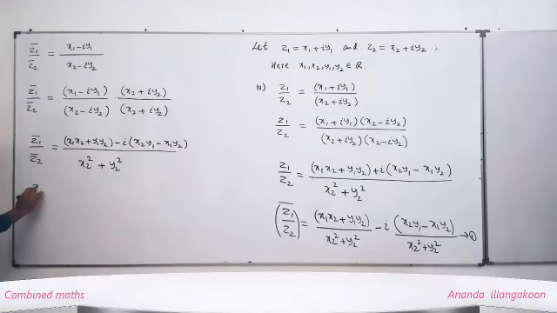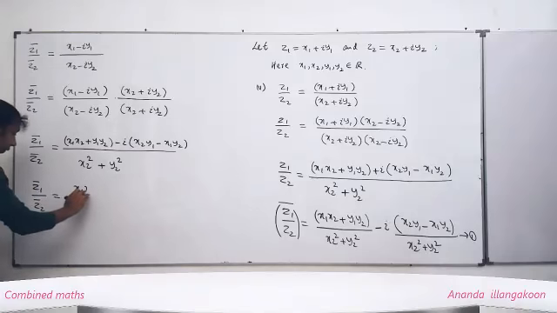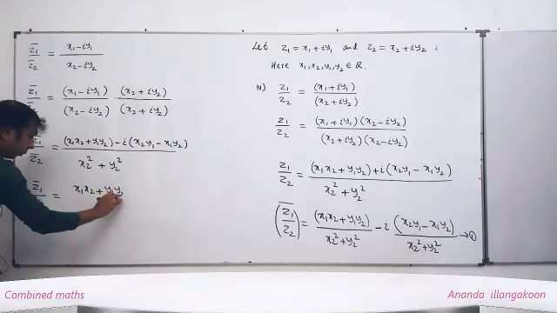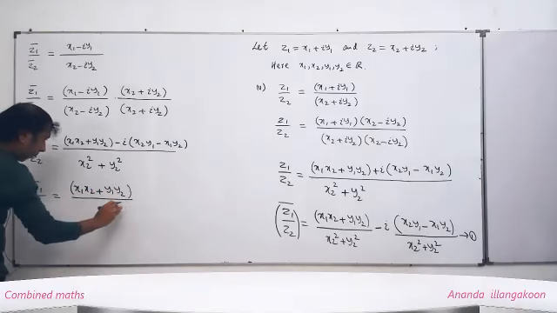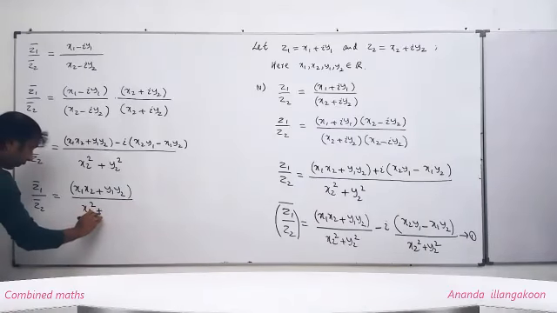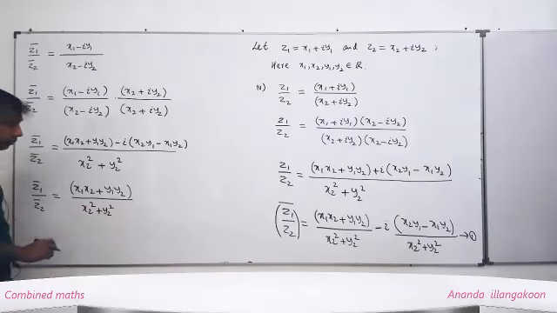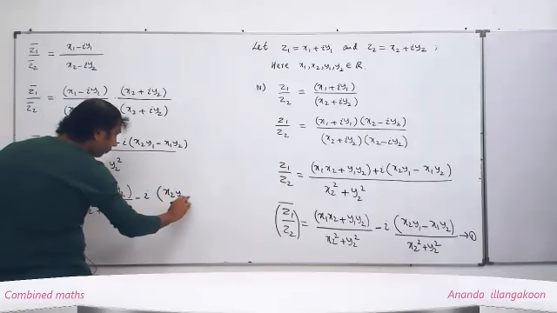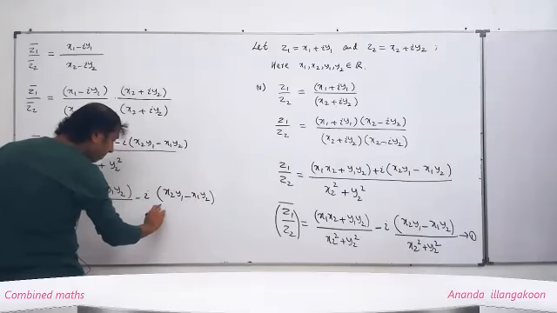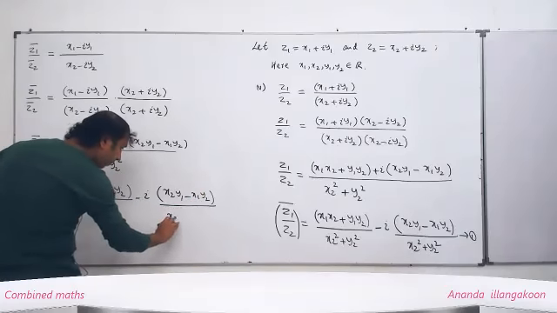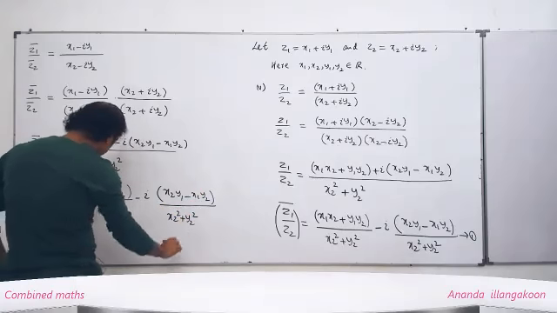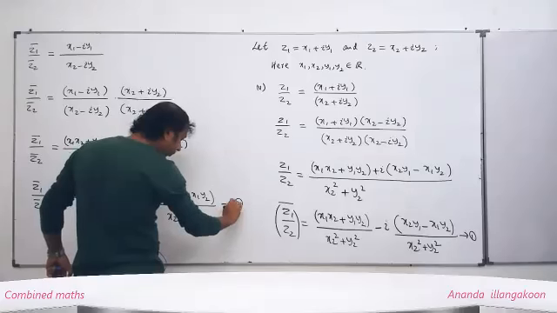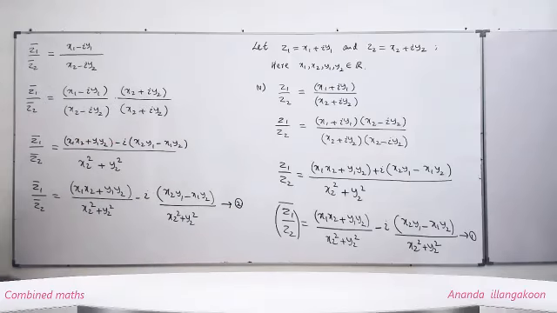Then you get here x1, x2 plus y1, y2. Minus i times this one we get, no? Right, now, okay. This is number 2. Now you can see the right hand sides of this 1 and 2 being the same, no?